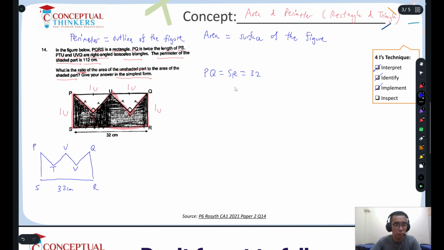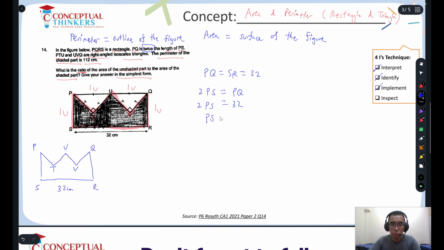Since we already know that 32 will be SR, we want to calculate what is our PS. We do know that 2 PS is equal to PQ. In this case, PQ is equal to 32, so 2 PS will give me 32, because PQ is 2 times of PS.